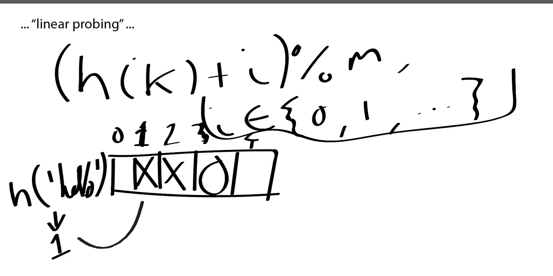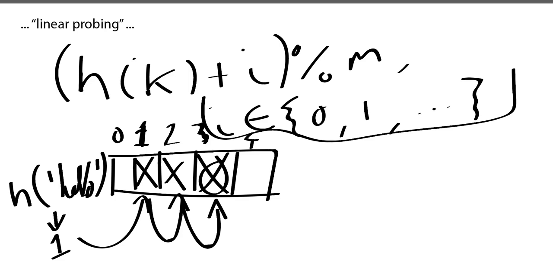So we try to put it at 1, but in the case of open addressing, we will not have a linked list at each index. Instead of chaining stuff, we will look for a free slot. So we go here, we see that this is taken, so we go here, we see that this is taken, we go here, and we see that this is not taken, so we will occupy this slot. Now it has been taken.